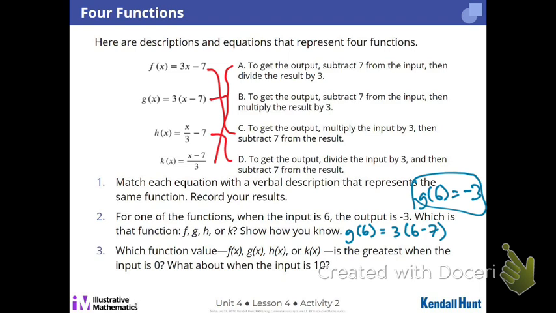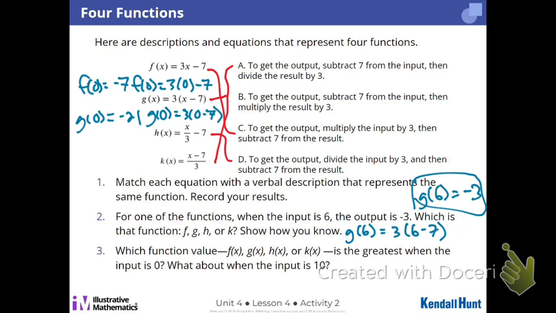So which one has the greatest output when the input is 0? Let's check it out. F of 0 equals 3 times 0 minus 7. So F of 0 equals negative 7, okay? So currently the greatest. We'll see. G of 0 equals 3 times 0 minus 7. So G of 0 is negative 21.